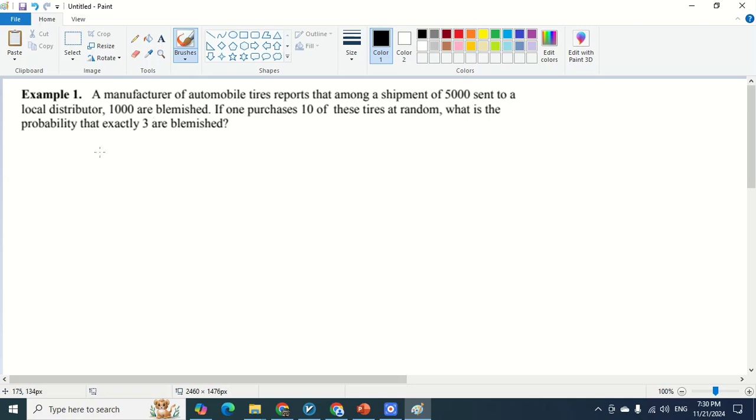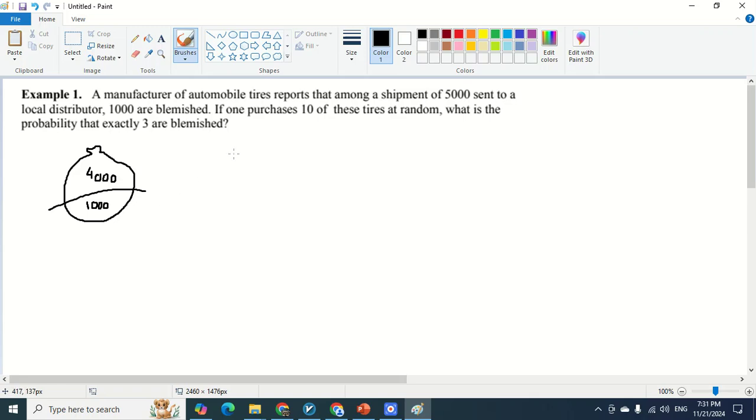So we have a resource of 5,000 tires, of which 1,000 are blemished and 4,000 are the simple cases.